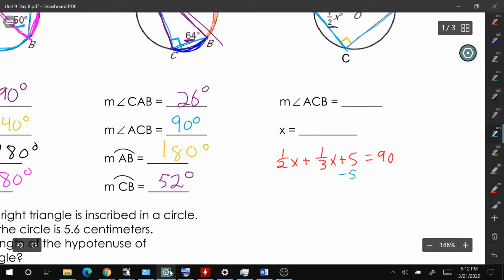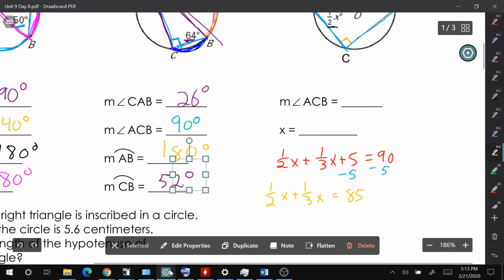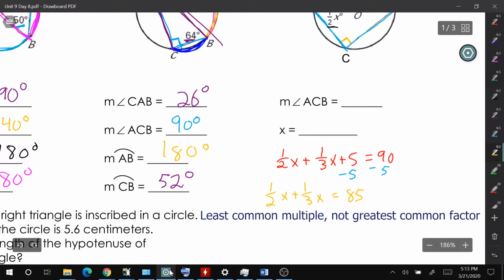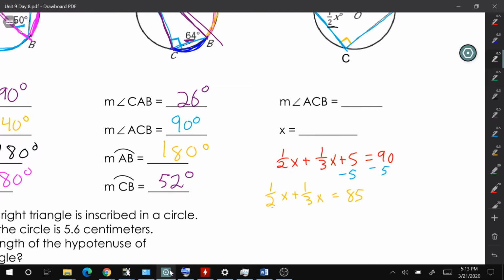I want to subtract 5 from both sides, and we get 1/2 x plus 1/3 x equals 85. To get rid of all these fractions, you can multiply everything by 6, because 2 times 3 is 6. So I'm going to multiply everything by 6.